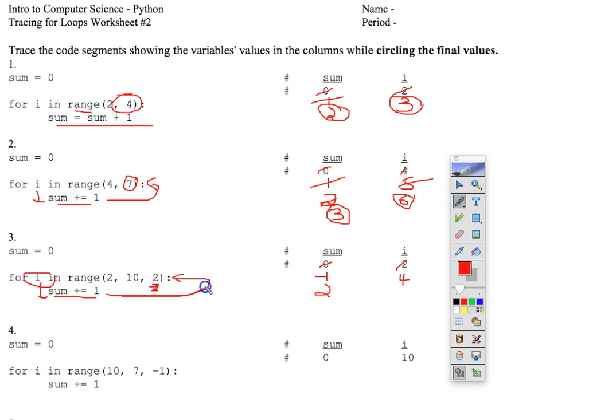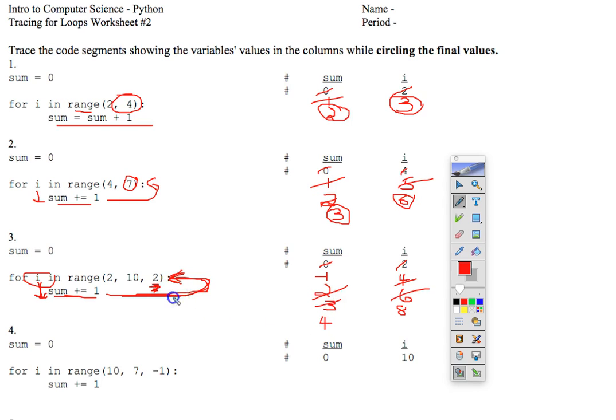We loop back up to the top. We add 2 to I to bring it to 6. 6 isn't at 10 yet, so we go through the body of the loop. Sum plus 1 is 3. We loop back up. We add 2 more. We're not at 10 yet, so we go through the loop and add 1 to sum.